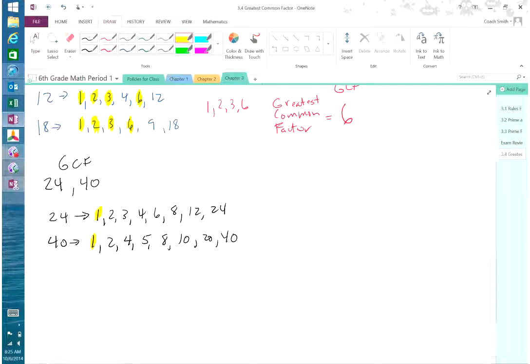Okay, so every single pair of numbers always has 1 as a factor. Now, sometimes that's the only ones that they have. Okay, sometimes the only factor that 2 numbers have or 3 numbers have in common is the number 1. Okay, I'll tell you about that here in a second. We have 2, we have 4, we have 8, and it looks like it's it. So, the GCF is equal to 8.